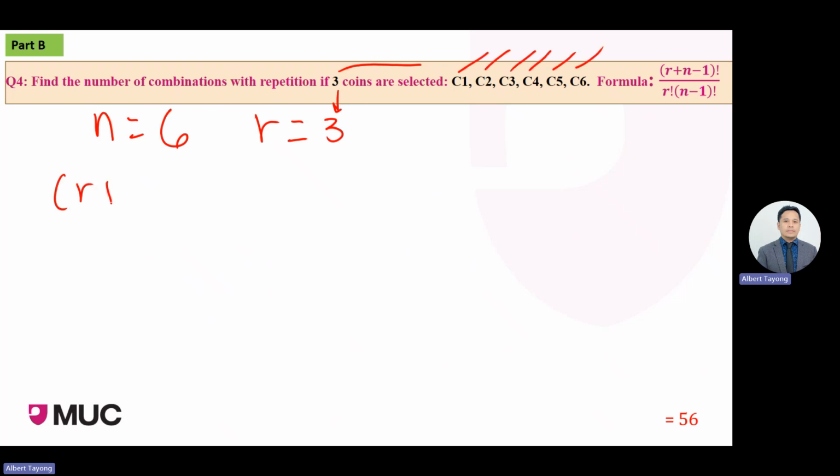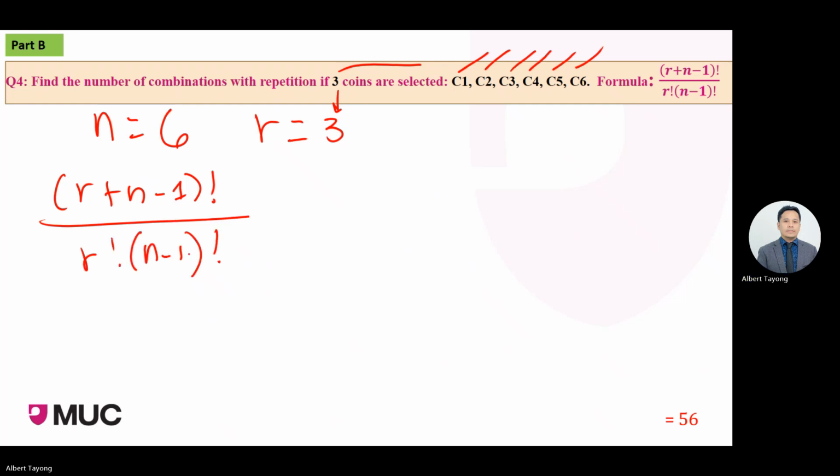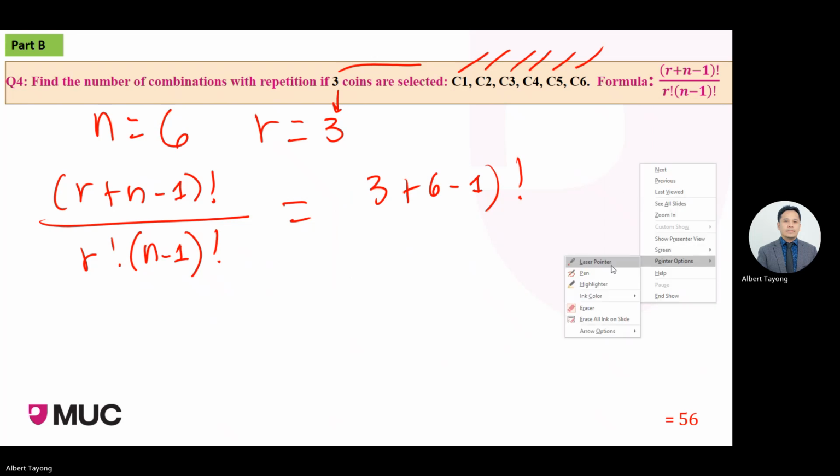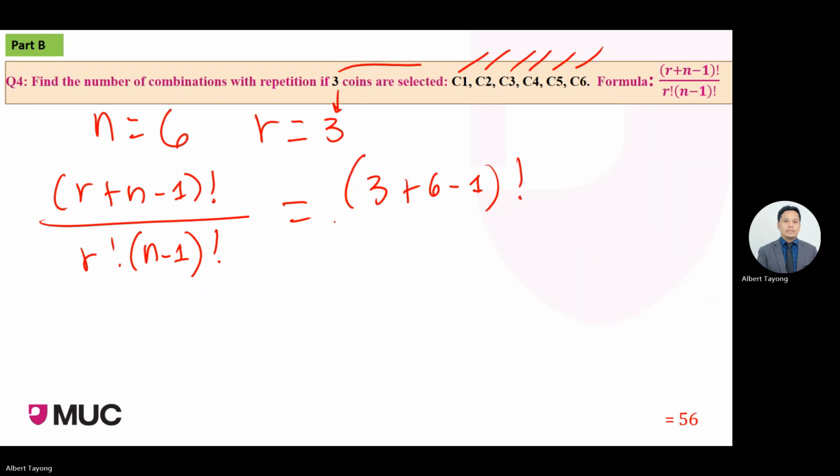So using the formula, we have 3 plus 6 minus 1 factorial, then over R factorial, that's our 3, should be 3 here.